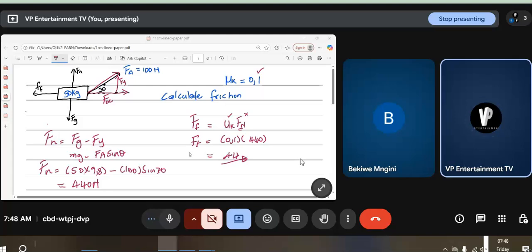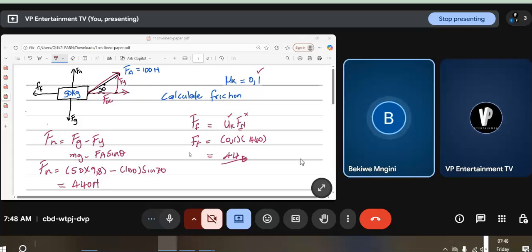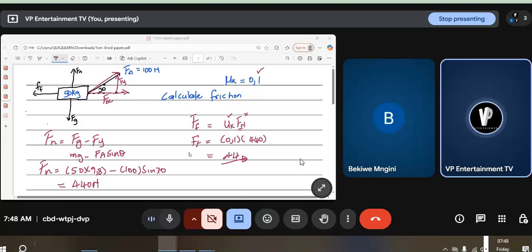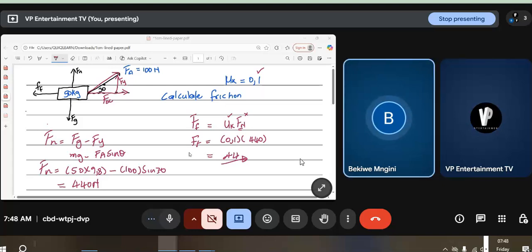Exactly. And then the horizontal external forces like the Fx do not impact. No, the horizontal, no. So I will just not even look at the Fx in this situation. Exactly.